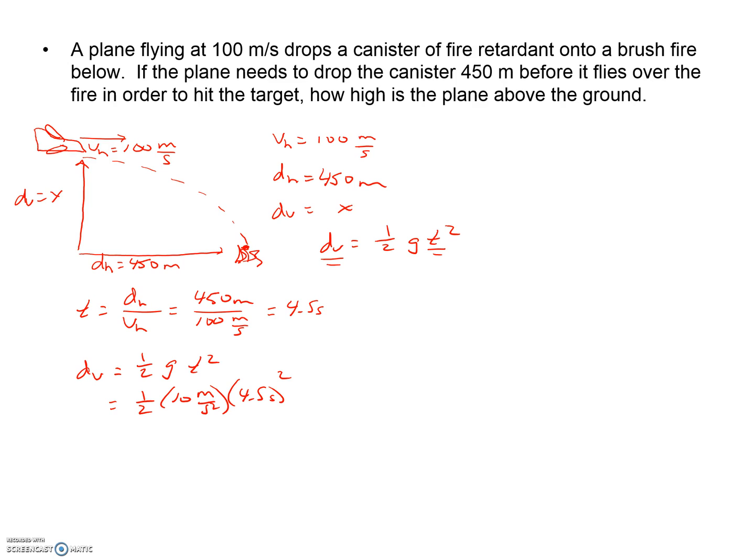So then we'll take 4.5 squared, multiply it by 10, and divide it by 2, and our dV value will be 101.25 meters. So if we have a plane that's moving 100 meters per second horizontally, and it drops a container which takes 4.5 seconds to hit the ground, it must have been 101.25 meters above the ground when it was initially dropped.